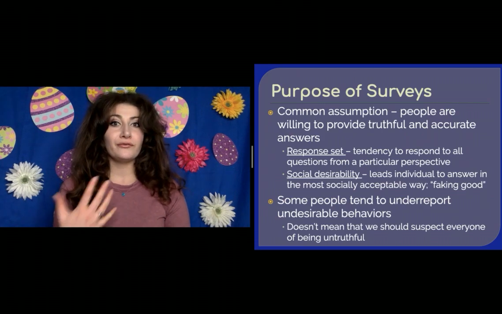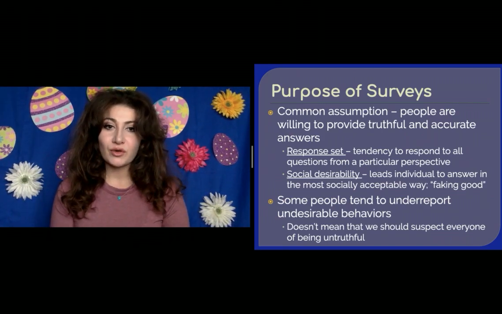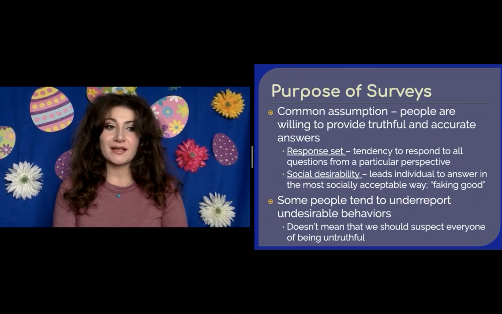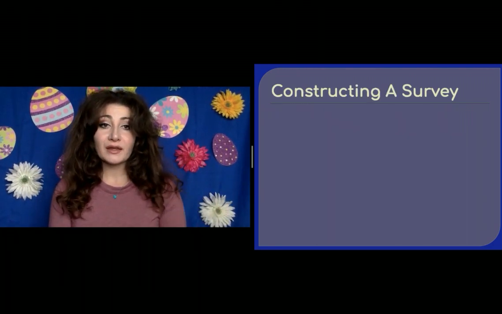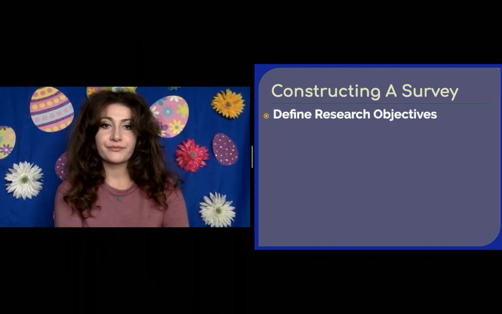Sometimes people tend to lie about their responses in order to look more acceptable in society. And basically, we also tend to underreport things that maybe we ourselves are not comfortable with. So, keeping that in mind, how should we construct a survey?